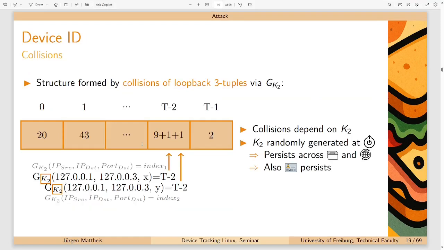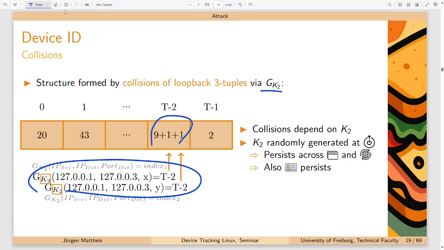The device ID I was talking about earlier is basically a structure formed by collisions of these loopback 3-tuples. It's the structure that's built by loopback 3-tuples colliding via this hash function fk2 in a certain perturbation cell. The interesting thing about these collisions is that they depend solely on the key K2, which is randomly generated at startup.